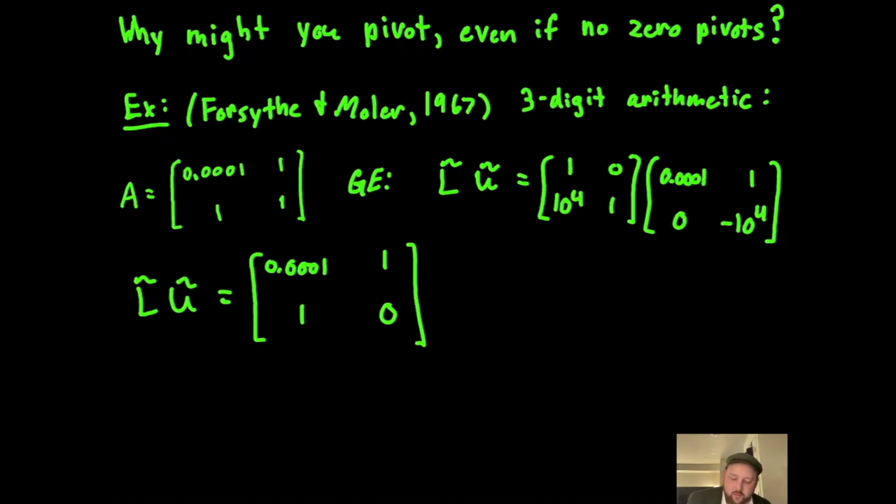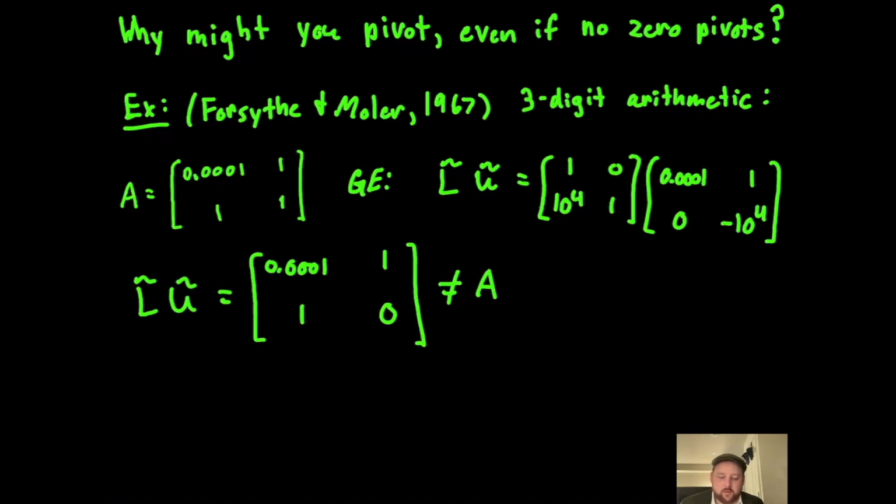And the thing to know is that this is very obviously not equal to A. Why? It's because of this 0, right? So that entry was actually originally 1, but when we compute it with this 3-digit system, we get something that's completely wrong.